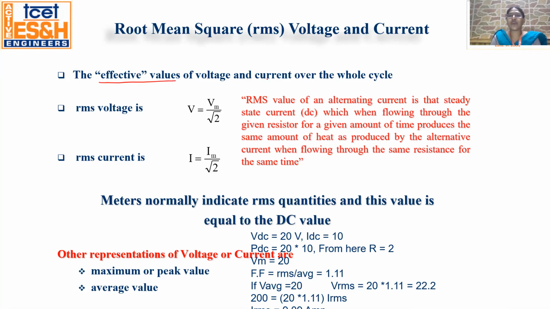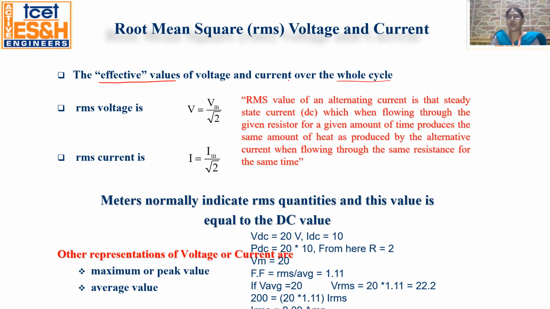This is the effective value over a whole cycle, which is responsible for producing the actual heat in the circuit. Now, how can we measure the RMS value?